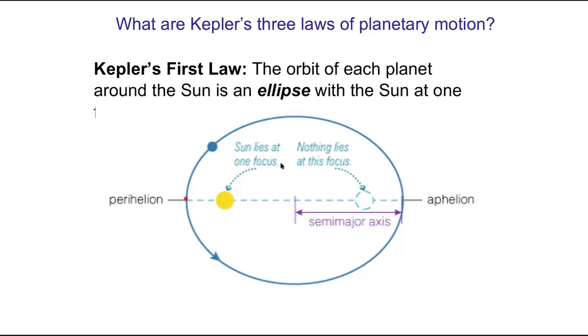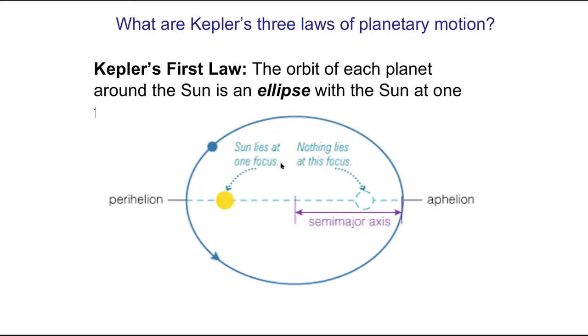This point, which is the closest the planet ever gets to the sun, we call perihelion. Helion being the root word that means sun, and peri meaning closest to. And then aphelion is the point in its orbit when the planet is furthest away from the sun. Again, ap meaning furthest, and helion meaning sun.